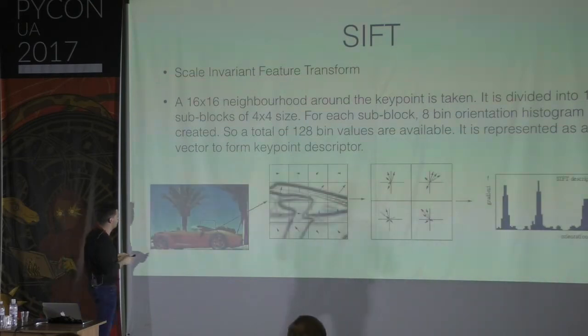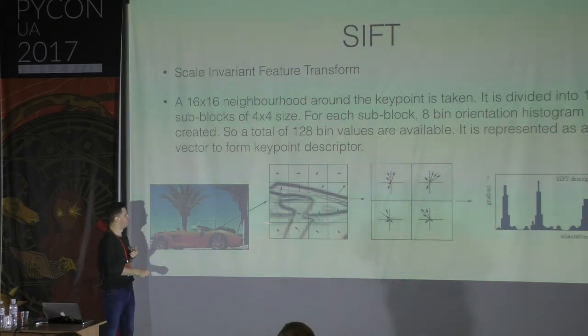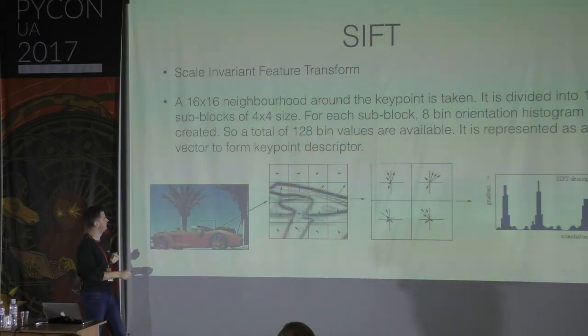If we talk about it quickly, we take a patch around a key point that we found. Suppose we found this edge. Then we split it into parts, and then we get the orientation of the color intensity changes, and build histograms out of them.